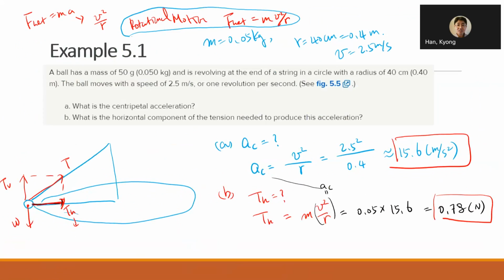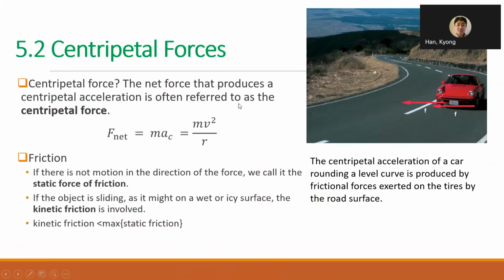Centripetal force sometimes can be tension, sometimes friction, sometimes some other force like gravitational attraction. If it is a very slippery case, it cannot make a rotation, but in this case the centripetal force can be created by friction, which prevents the object from escaping. The net force that produces centripetal acceleration is often referred to as the centripetal force.